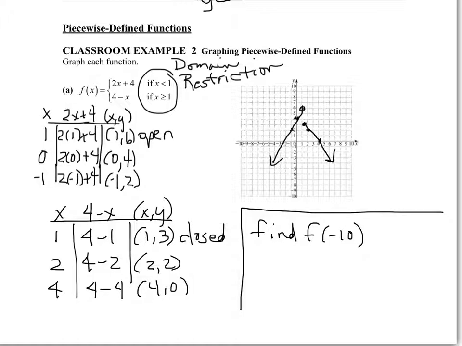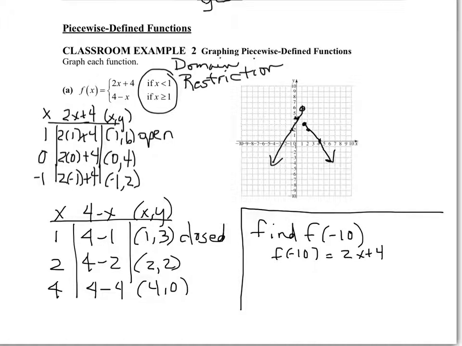I have to choose the correct one to plug into. Which one does negative 10 fit the domain restriction? Is it the top equation or the bottom? Well, you better recognize that it goes into the top equation. That's what I use for x values that are less than 1. So I'm going to plug negative 10 into 2x plus 4.